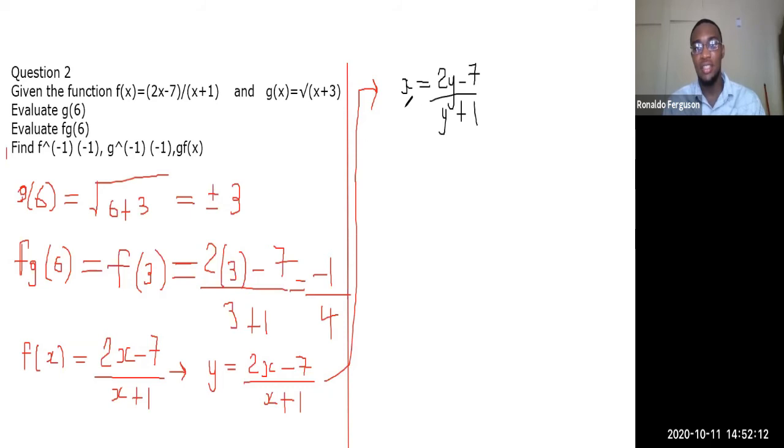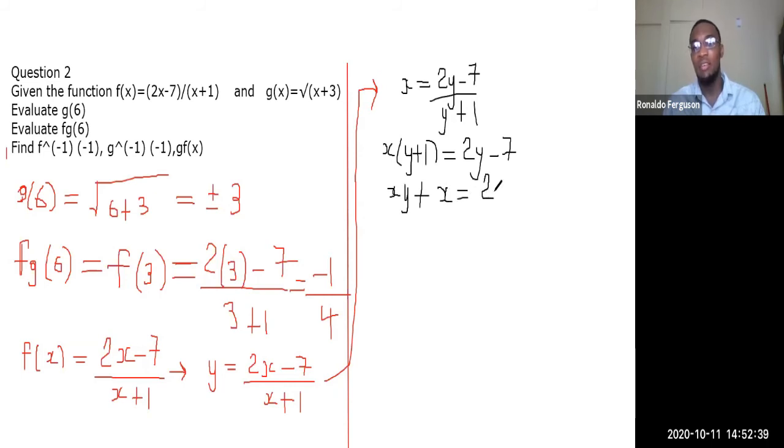And so from right here, we get x times y plus 1 is equal to 2y minus 7. So what are we getting now? So this works out to be x times y plus x is equal to 2y minus 7.